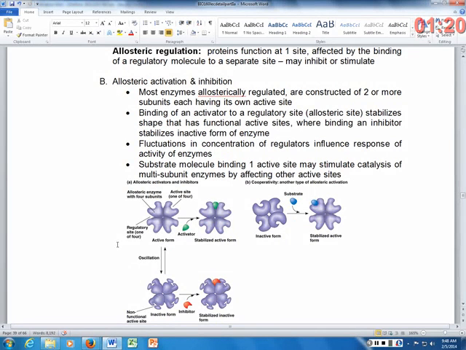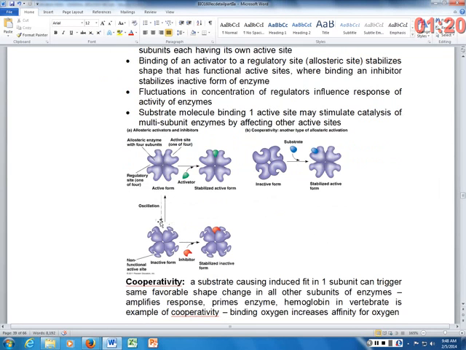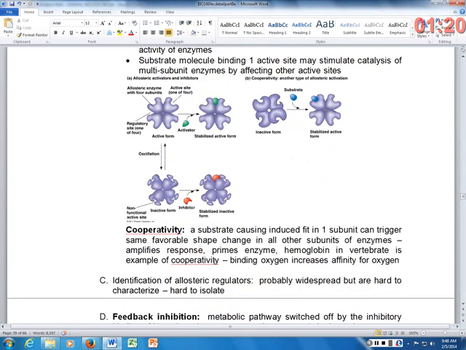And the substrate binding one active site may actually stimulate catalysis in multiple subunits of the enzyme, so they can act as a kind of cascade of events. You can have cooperativity, where the substrate causing an induced fit in one subunit can trigger the same favorable shape in all other subunits of the enzyme. So it will allow you to amplify the response.